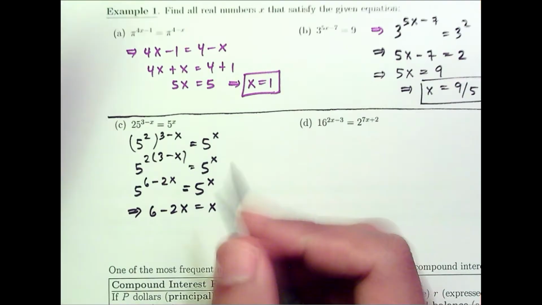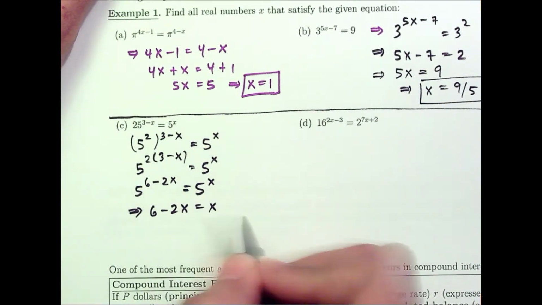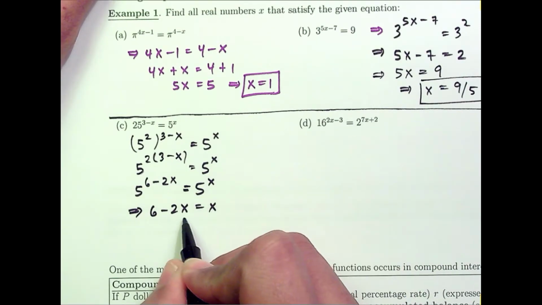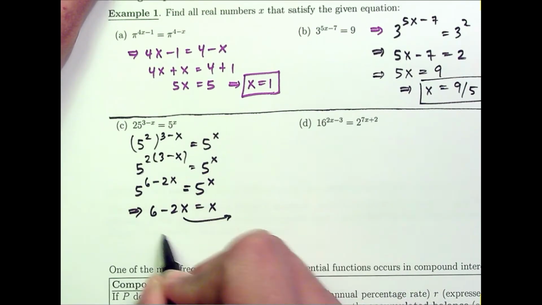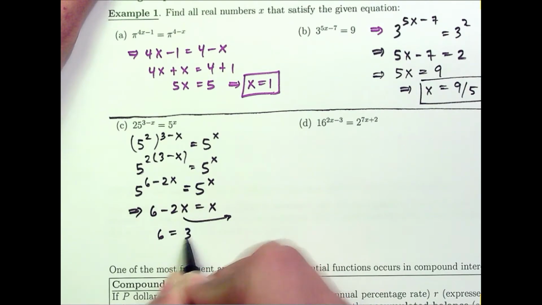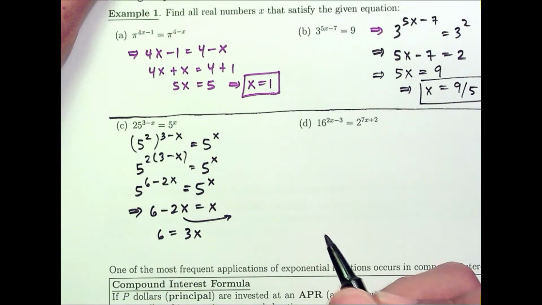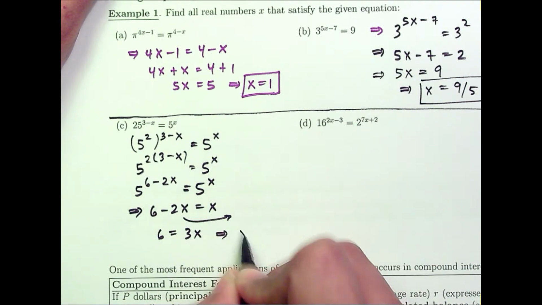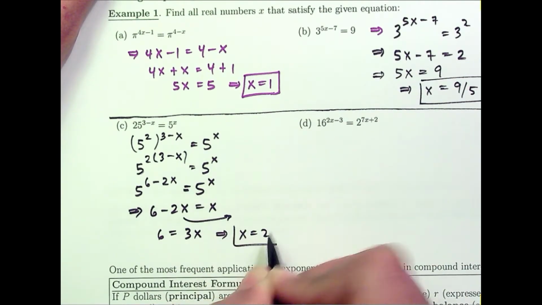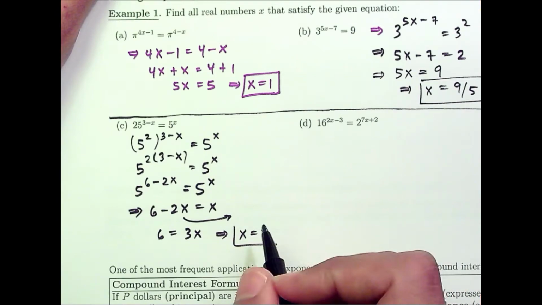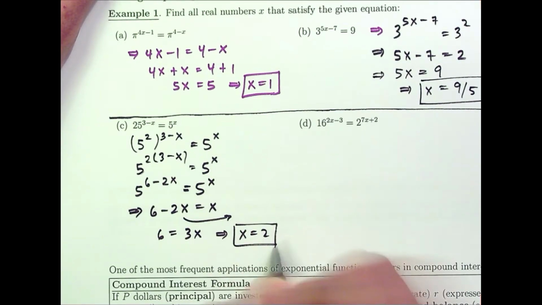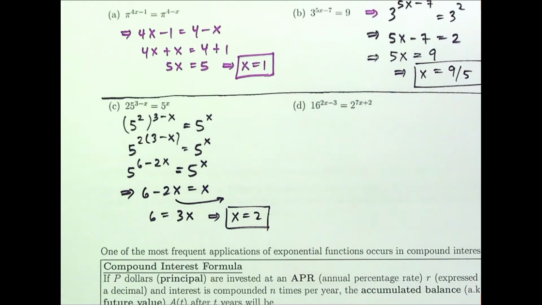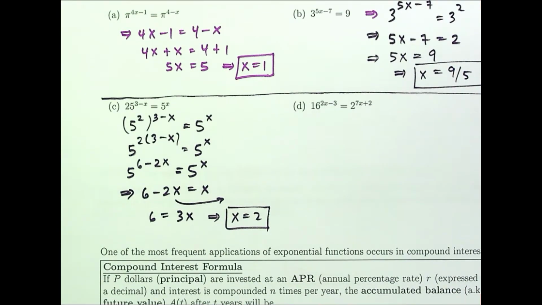And now solving for x, you want all the x's on the same side, so let's say we move that over there. You're going to have 6 equals 3x because you add them, plus 2x, you get 3x, and then dividing by 3, you get x equals 2. So 6 divided by 3 is 2. Yeah, that's correct. So x equals 2.